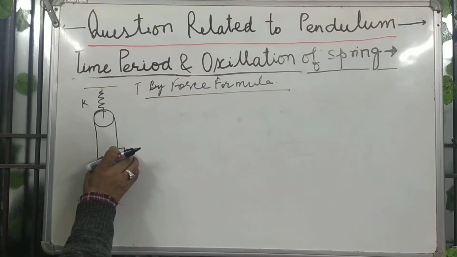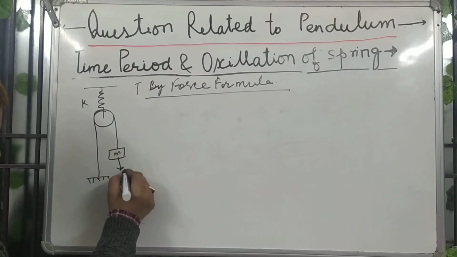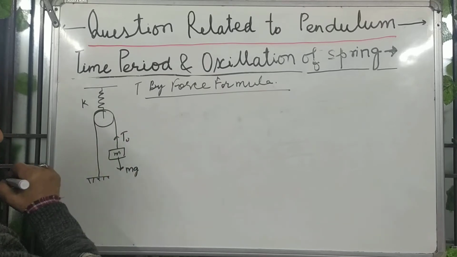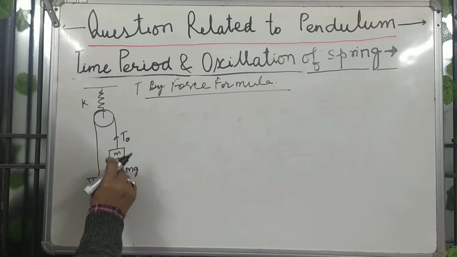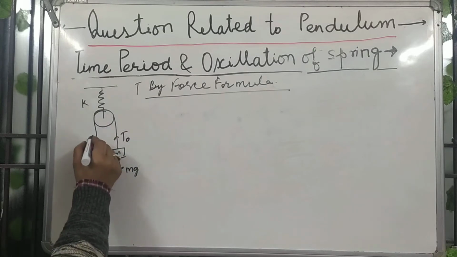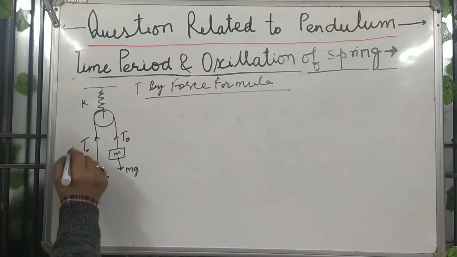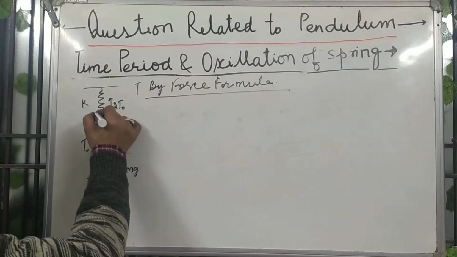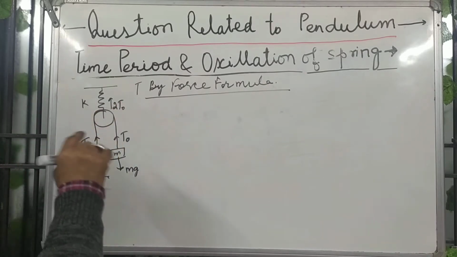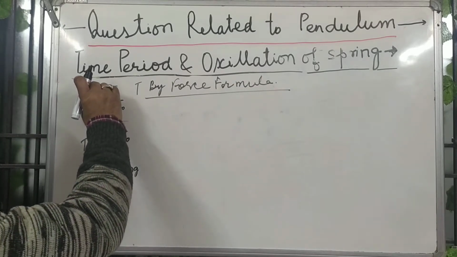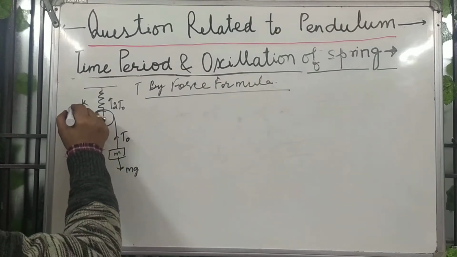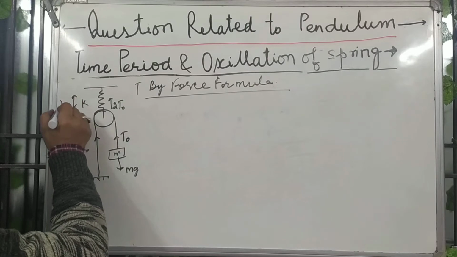Why tension T naught? The mass has a force acting downwards, and the tension here is T naught, and since this is the same massless wire, this side also has tension T naught, so this side the tension will be twice T naught. This is balanced, and due to tension twice T naught, the spring is stretched. Let the extension in the spring be X naught.